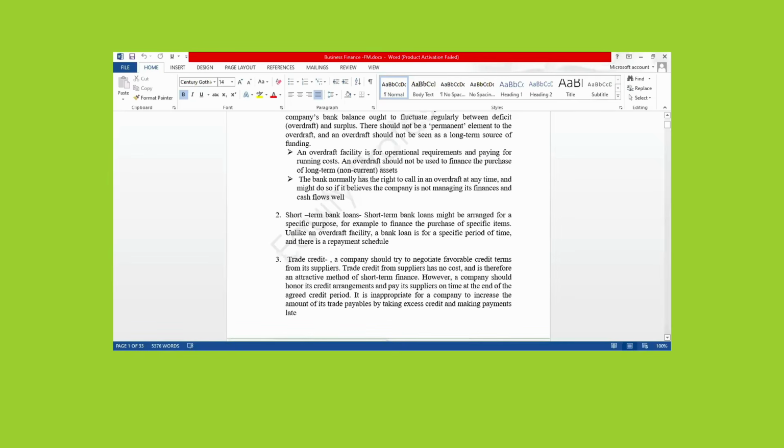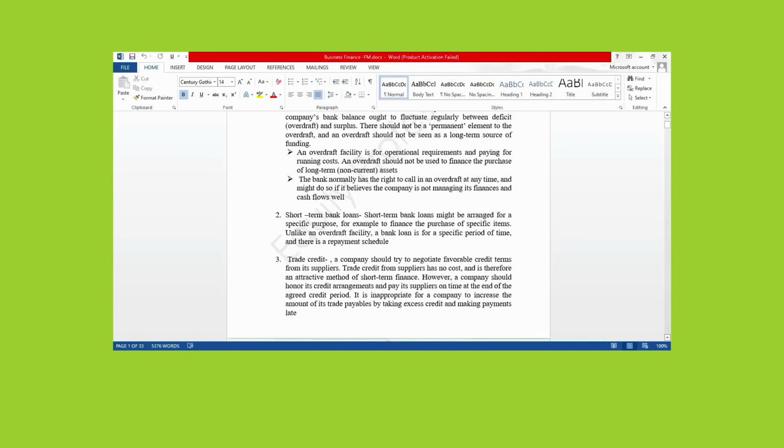Unlike an overdraft facility, a bank loan is for a specific period of time, and there's usually a repayment schedule.